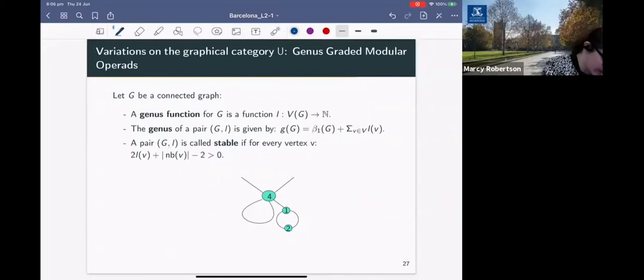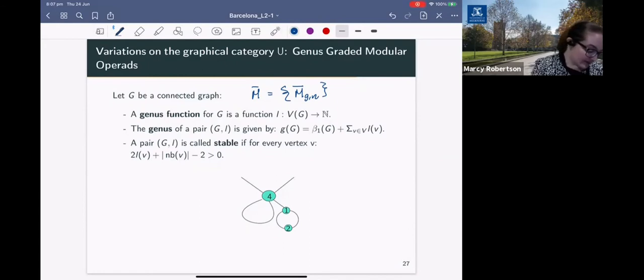The collection of M_{g,n}, the moduli spaces, is the canonical notion of a modular operad. And I didn't say anything about genus or grading throughout this whole discussion.